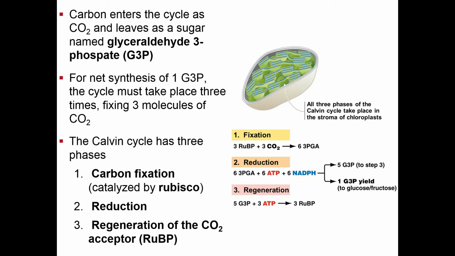Alright, so in this case you're taking an inorganic form of carbon dioxide, and fixing it, attaching it to a pre-existing precursor molecule, which we call RuBP, ribulose bisphosphate, and generating a 6-carbon molecule.